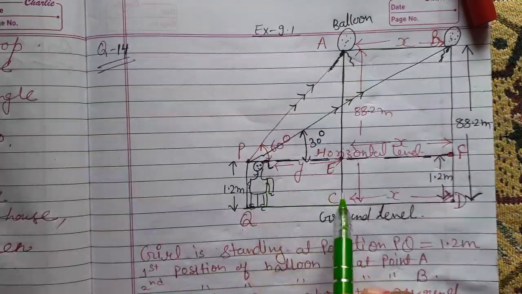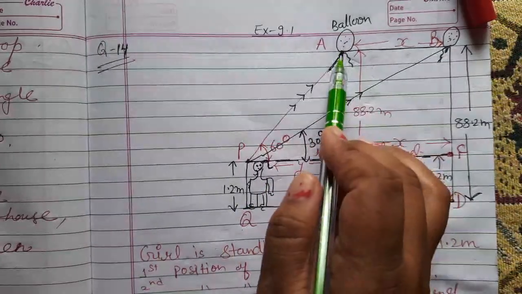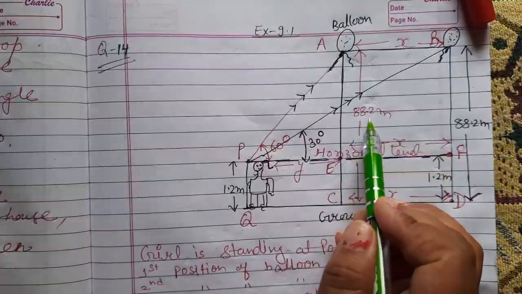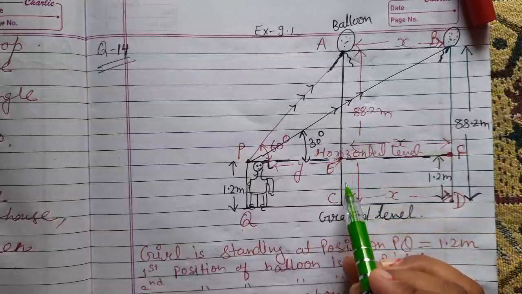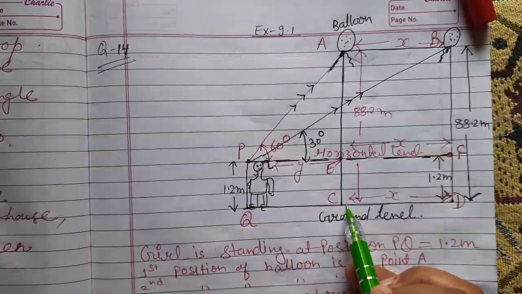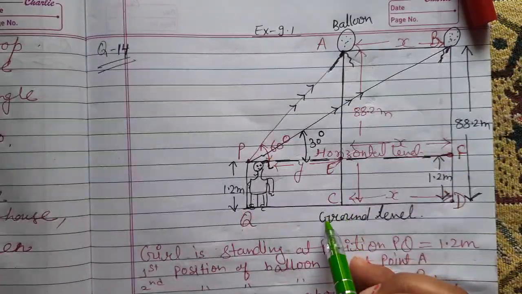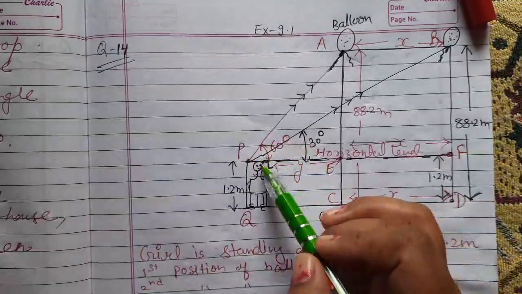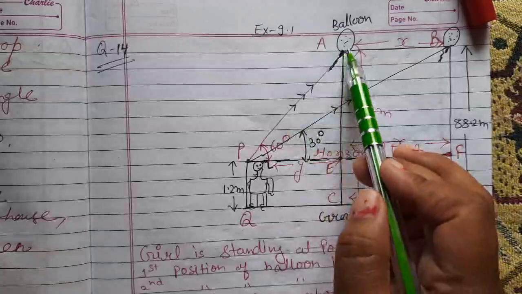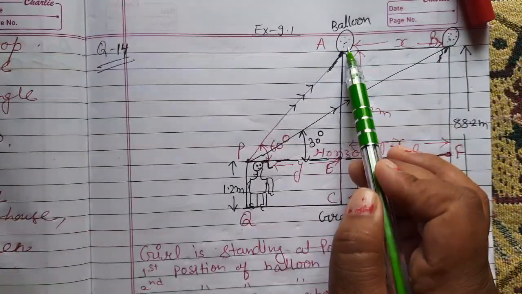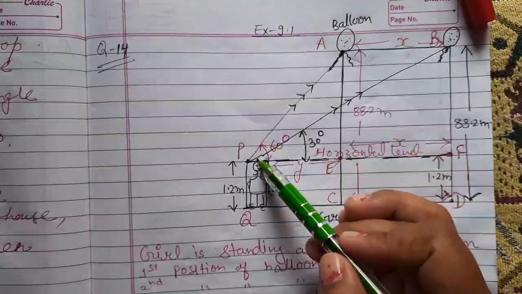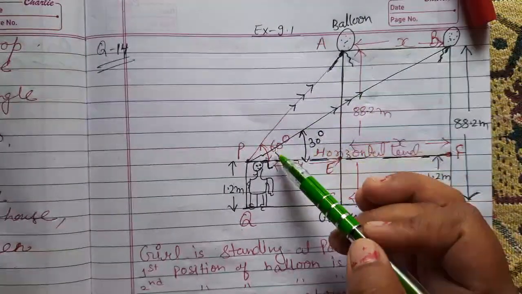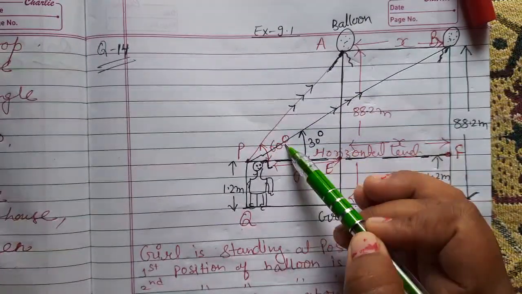Now suppose there is a balloon at the point A which is 88.2 meter height from the ground. This is the ground level. It is the height of the balloon from the ground level. When the balloon is at point A, the angle of elevation of the balloon from the girl is 60 degree.